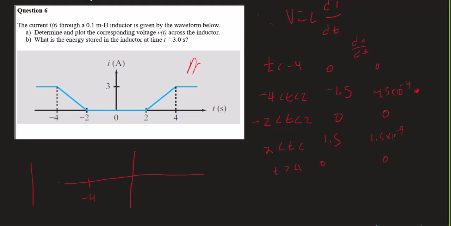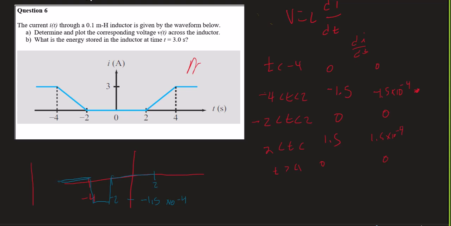Up until negative 4, it's 0. And then from negative 4 to negative 2, it's negative 1.5 times 10 to the negative 4. And then from negative 2 to 2, it's 0.